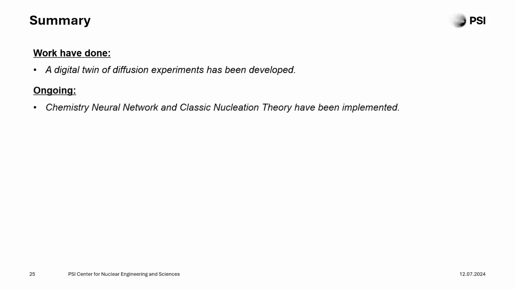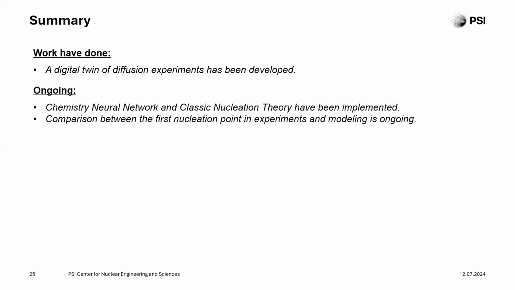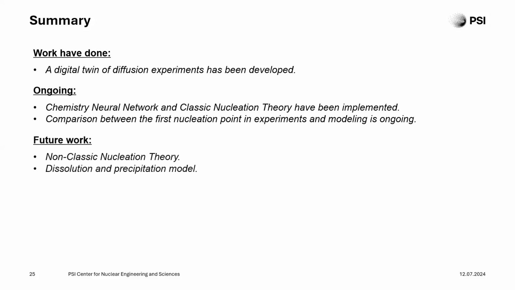What is ongoing: we have already implemented the chemistry neural network and the classical nucleation theory into our models, and the comparison between the first nucleation point in experiments and the modeling is currently ongoing. And of course, for future work, we will introduce non-classical nucleation theory, and we will couple our simple dissolution and precipitation model with full chemistry information.